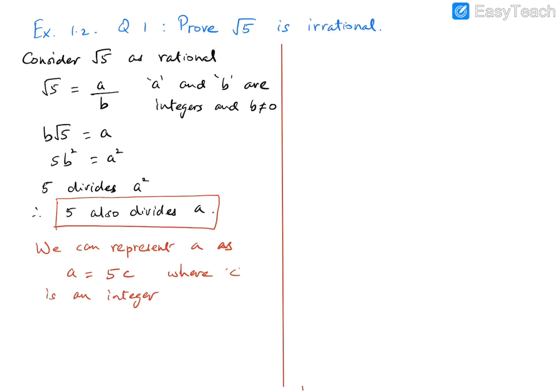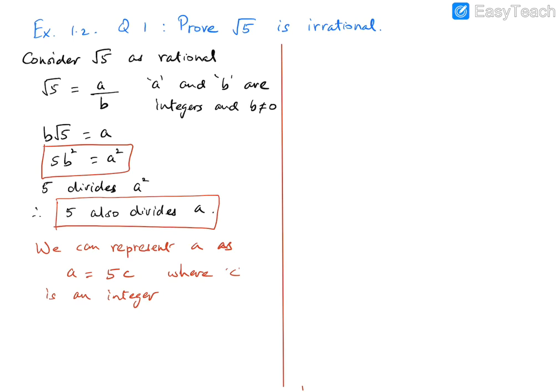Now we will substitute this value of a as 5 times something in our original relationship between a and b. In this equation, we will substitute a equals 5c.